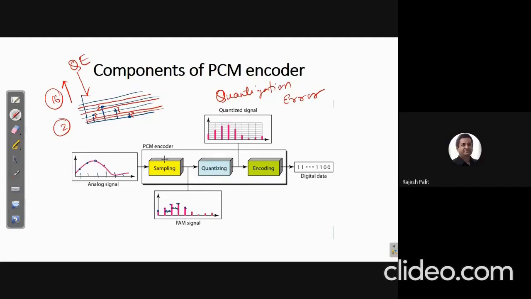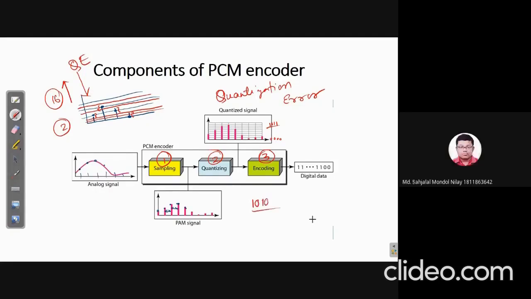So the first step is sampling, the second step is quantizing, and the third one is encoding. What is encoding? We know that for each level there is a code. Say this is 0000. If there are 16 levels, each level we denote by a binary code. So for each sample, if there are 16 levels, there will be 4 bits.